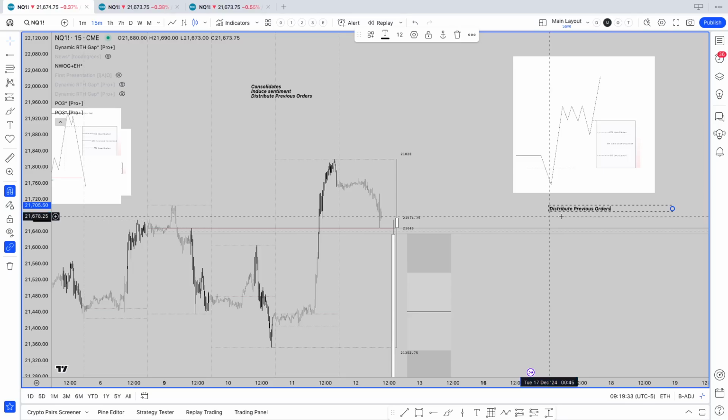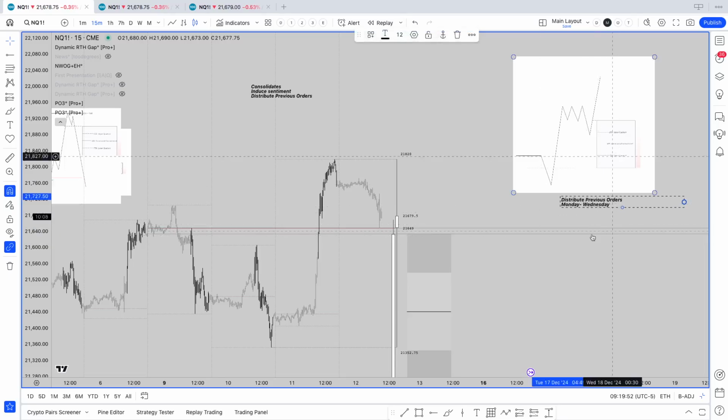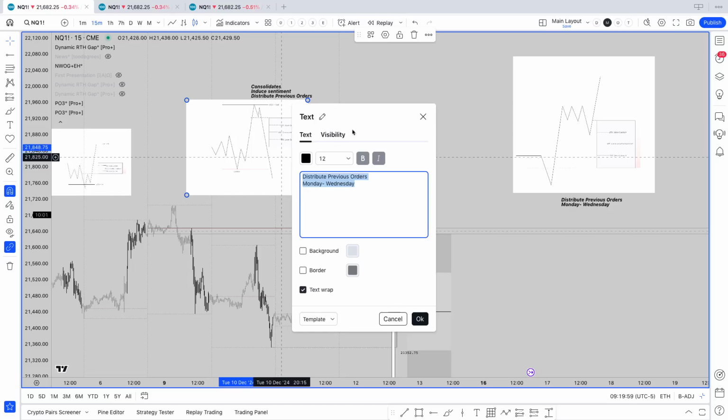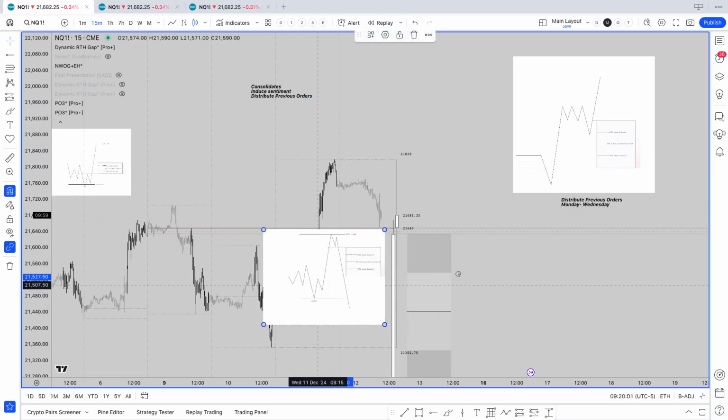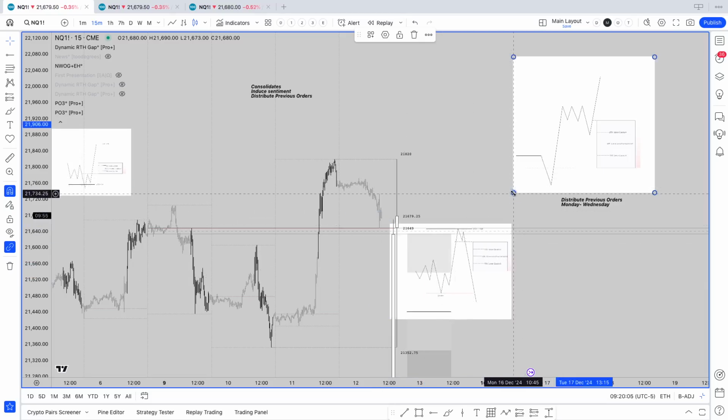Okay, and this model most of the time is presented from Monday to Wednesday. This is what I'm looking for, from Monday to Wednesday. Okay. This is another great profile that I really like to trade.